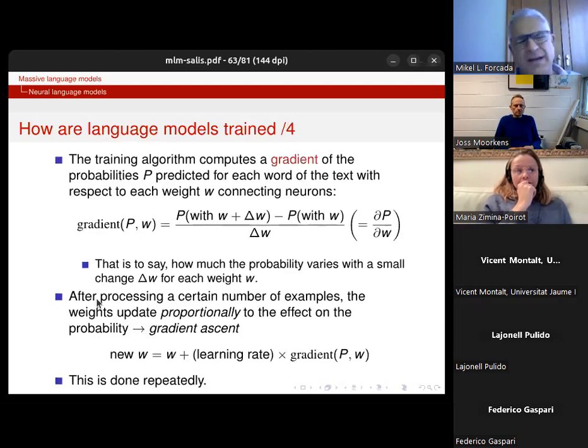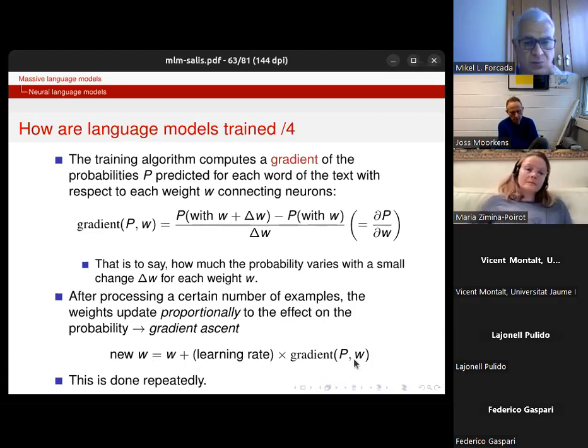So this slide has a formula, but this is basically to introduce the concept of gradient ascent. When you change the weights, as in the formula below, the new weight is basically the previous weight plus the gradient, which is in the formula above, multiplied by a learning rate.